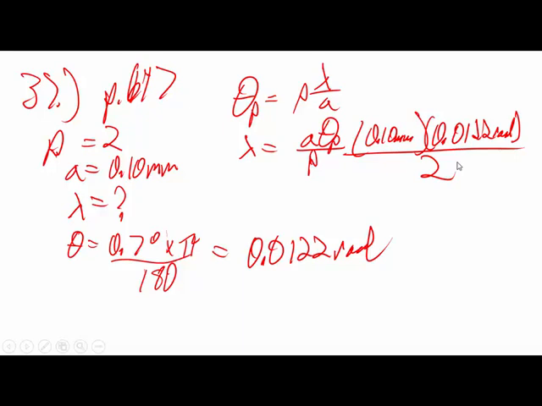And so what do we get? Well, we get 0.1 times 10 to the negative third times 0.0122 divided by 2, and we should get 6.1 times 10 to the negative 7th meters.